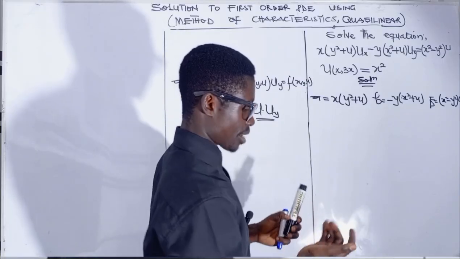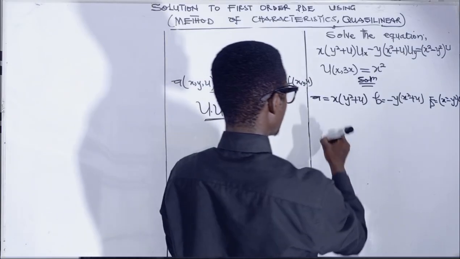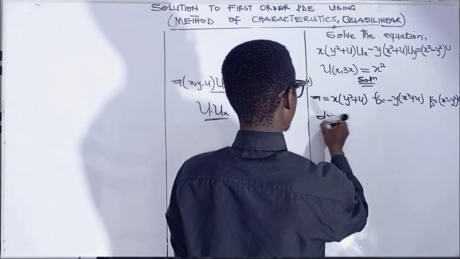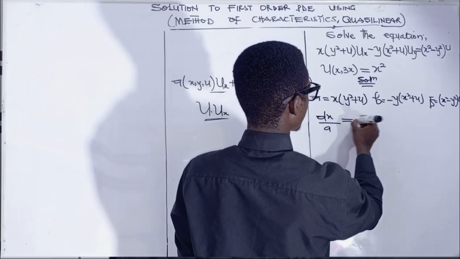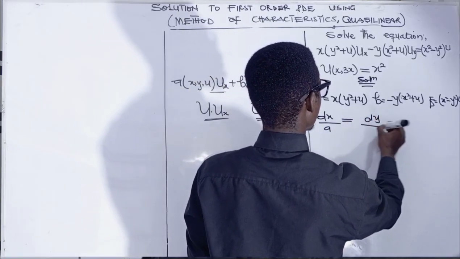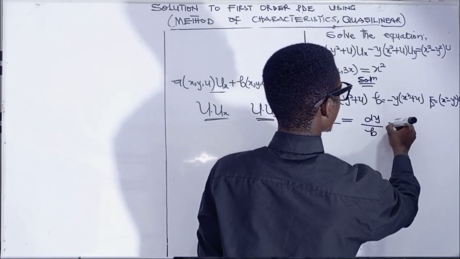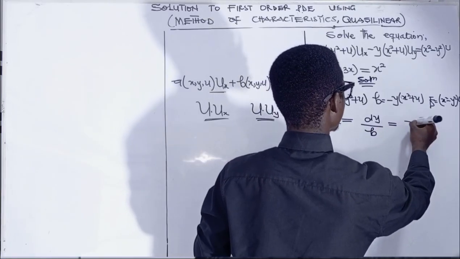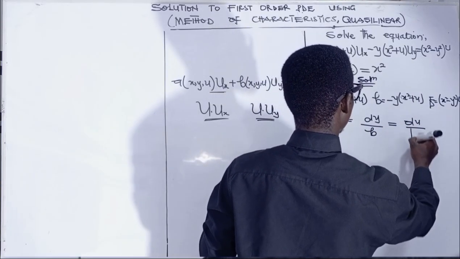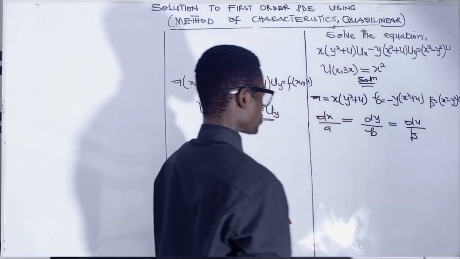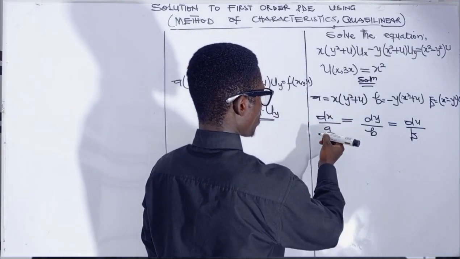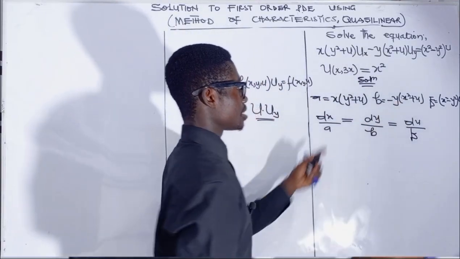So once we have this, we form the characteristics equation. And we know that the characteristics equation is giving us dx all over A is equal to dy all over B, and this is also equal to du all over the function F. So once we have this, we are just going to plug in this.